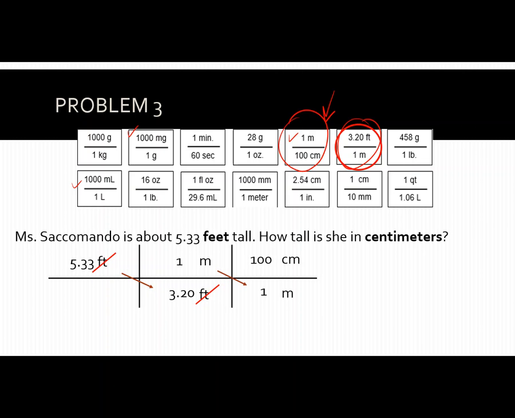The 100 goes next to the centimeter. The 1 goes next to the meter. The meters cancel. And now we just have our lovely centimeter here. Multiply the top, multiply the bottom, and then divide and round to the correct number of sig figs. In this case, we want 3, so we rounded it to 3.